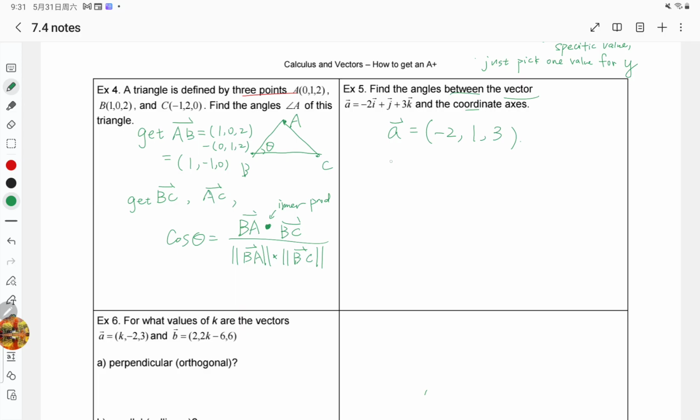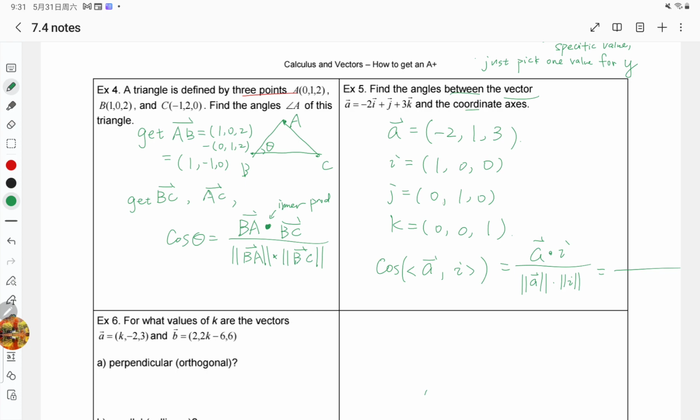Yeah, the coordinate axis, you can just say, oh, i is equal to (1, 0, 0), j is equal to (0, 1, 0), k is equal to (0, 0, 1), and then cosine theta, the angle between A and i, is just A inner product with i over the lengths, right? The length of i is equal to 1, right?